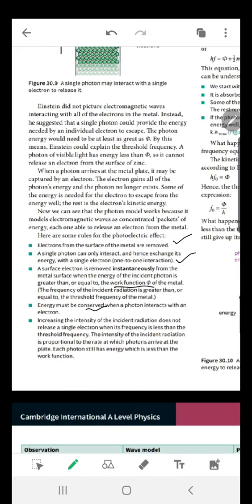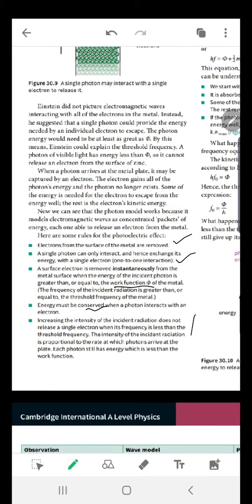Increasing the intensity of the incident radiation does not release a single electron when its frequency is less than the threshold frequency, as I explained. Whenever the energy is not high enough, even though the intensity of your light is very high, it doesn't matter. Your energy needs to be high.